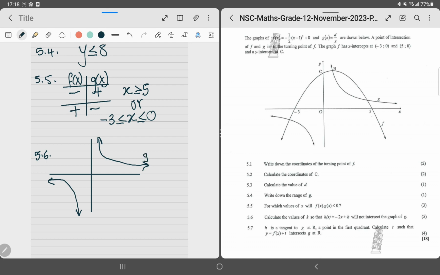That's the graph of g. We are told that h of x is -2x plus k. This gradient is negative. It means that the graph of h of x can either touch g there or it can touch g there.